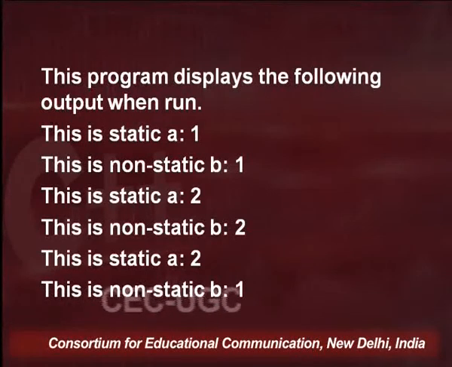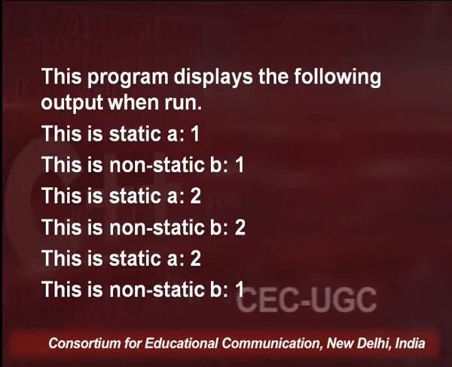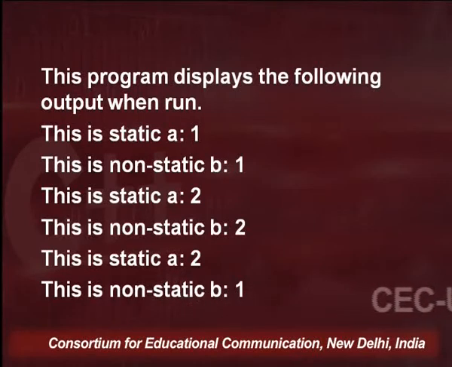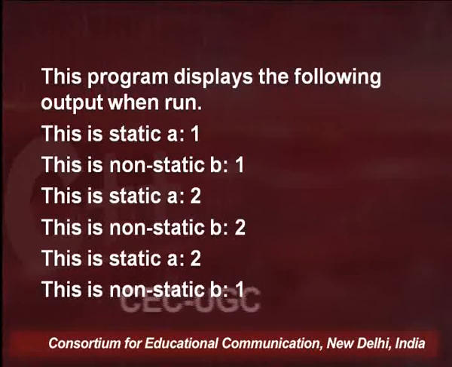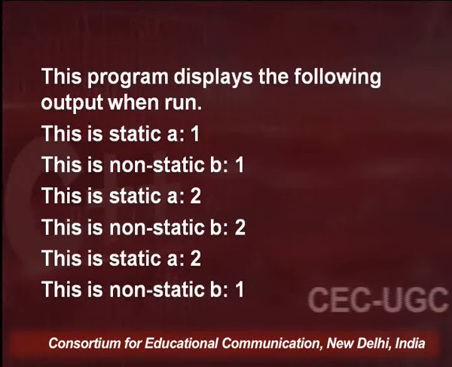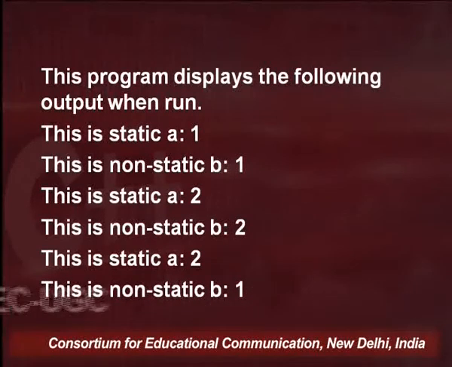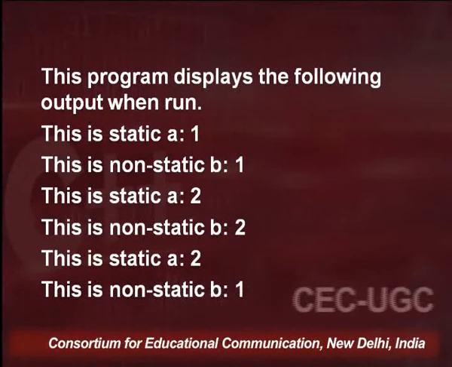But if we look at the value of a, x has assigned the value of a as 1, but now it is getting 2. Why? Because a is being shared between x as well as y.